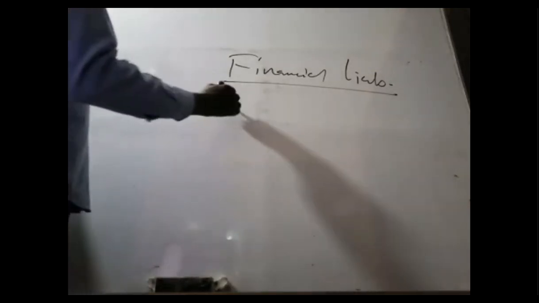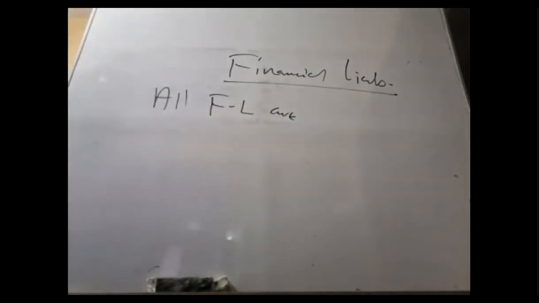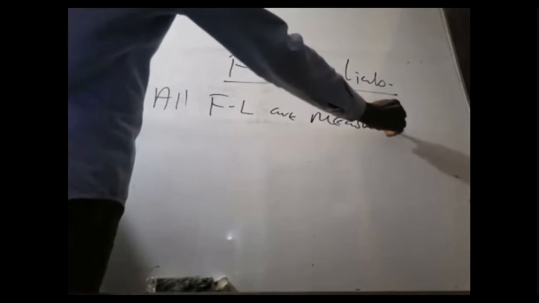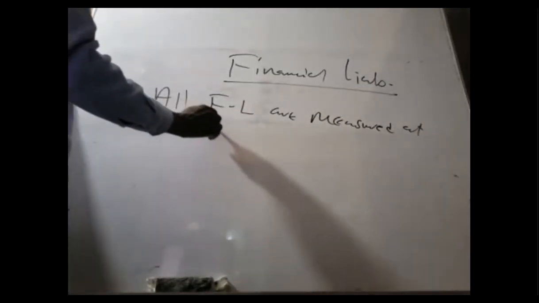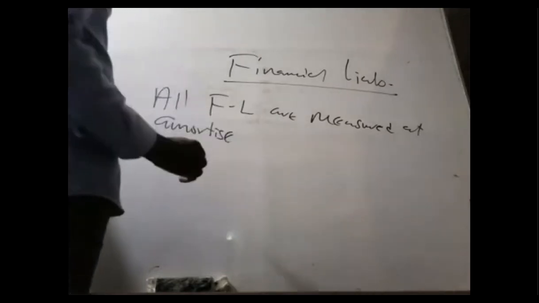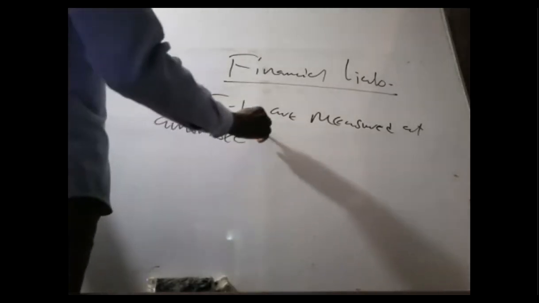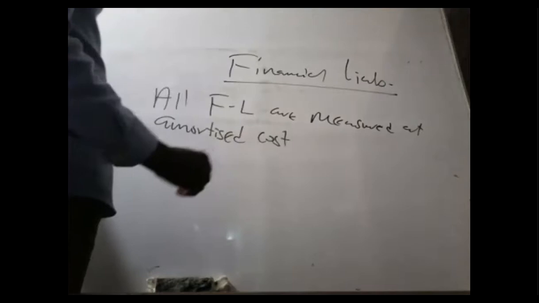All financial liabilities are measured or recognized at amortized cost. So they are measured at what? Amortized cost.